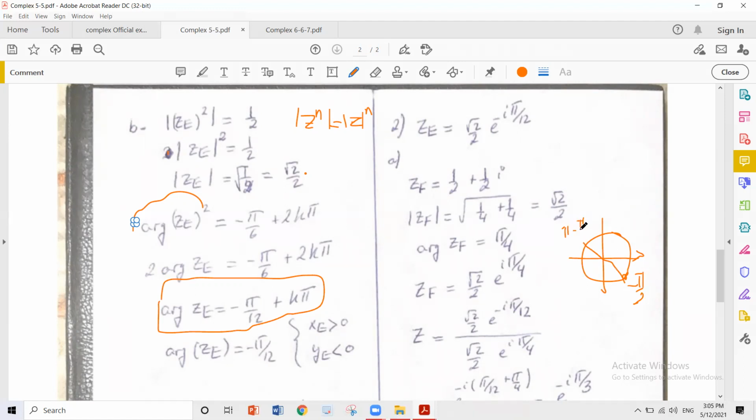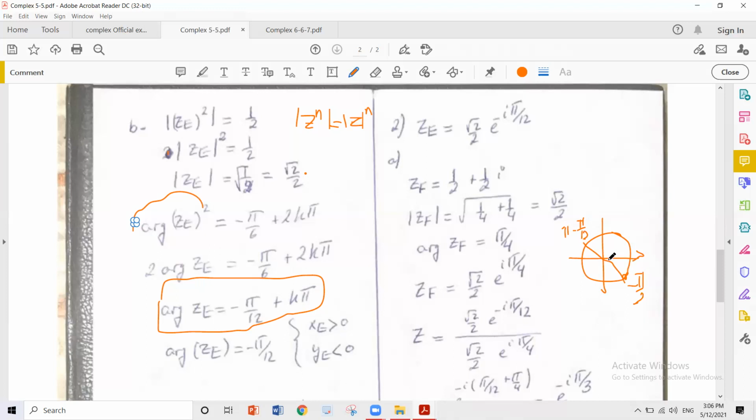So it has 2 solutions on the trigonometric circle. Whenever we have 2k pi, one solution. K pi, 2 solutions: one for k equal to 0 and another for k equal to 1.